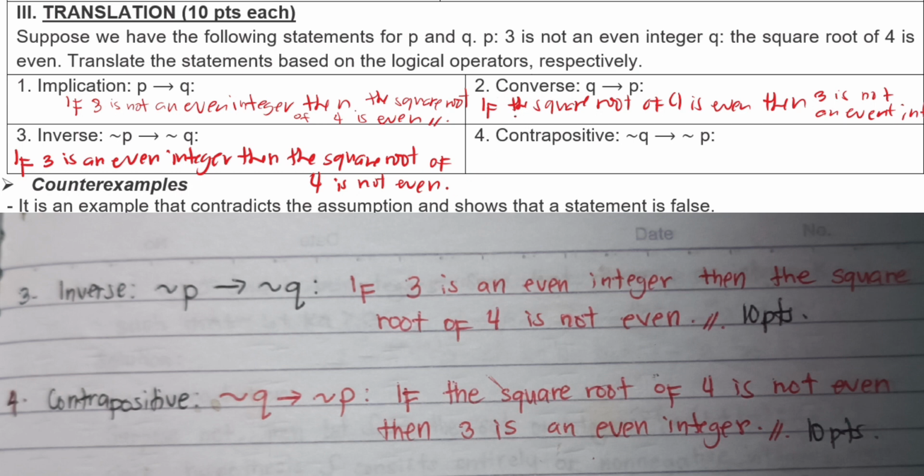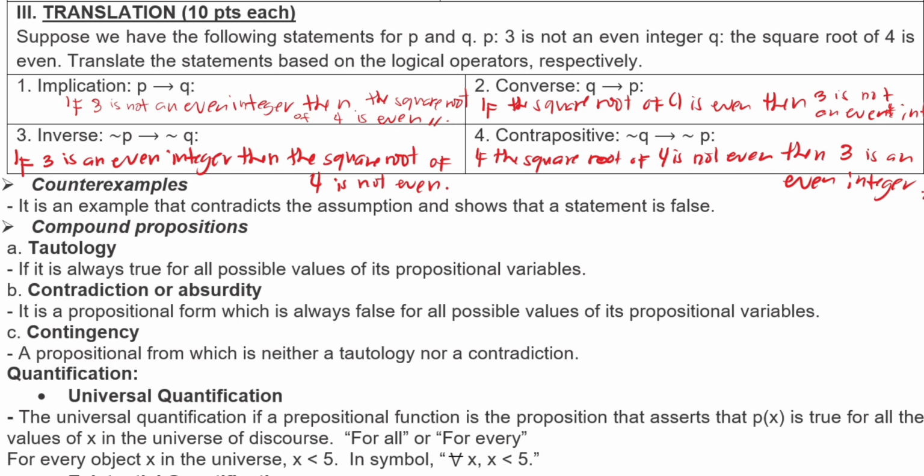Simply negate the converse. So here, if the square root of 4 is even, it becomes if the square root of 4 is not even, then 3 is not. So not and not become positive. Then 3 is an even integer. Okay, that is how we solve translation from 1 to 4.